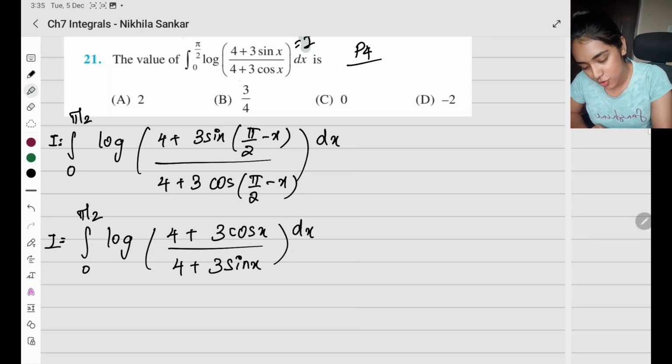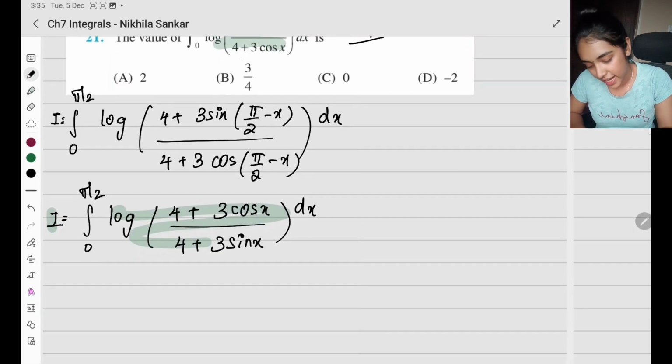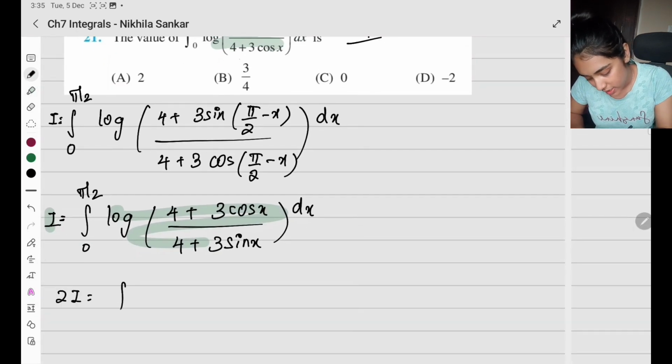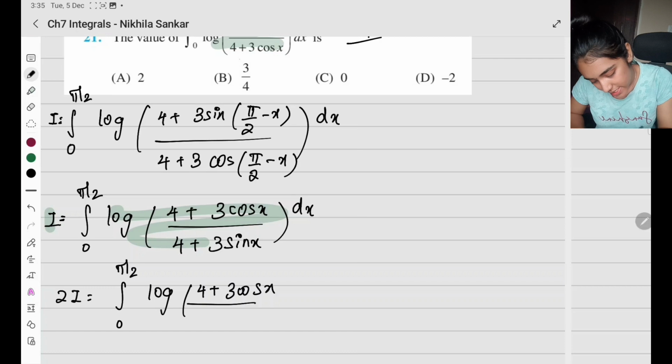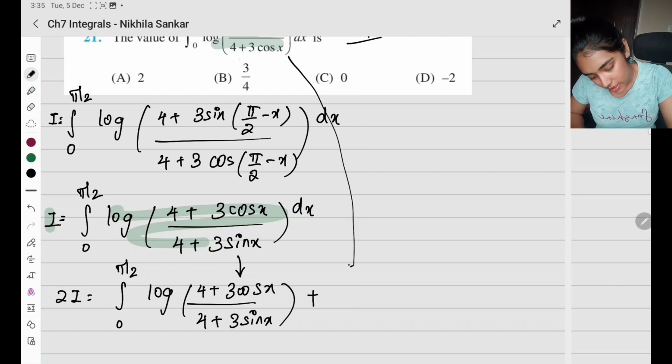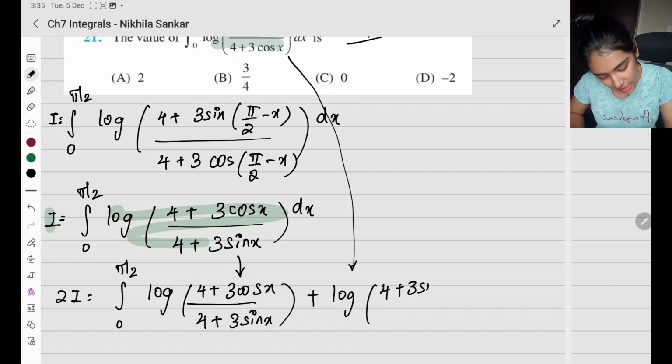When I add these two, I plus I, and this term plus this term, I have 2I equals integral 0 to pi by 2 of log of 4 plus 3 cos x divided by 4 plus 3 sin x, this particular term, plus this one, log of 4 plus 3 sin x divided by 4 plus 3 cos x times dx.